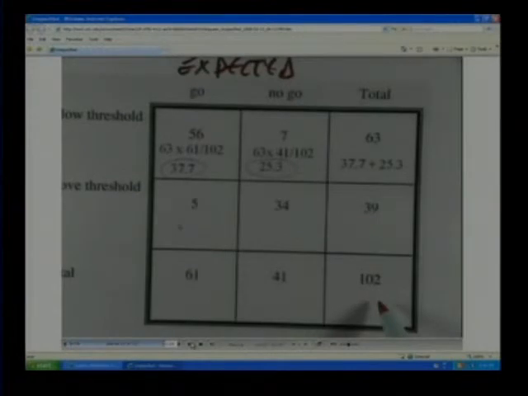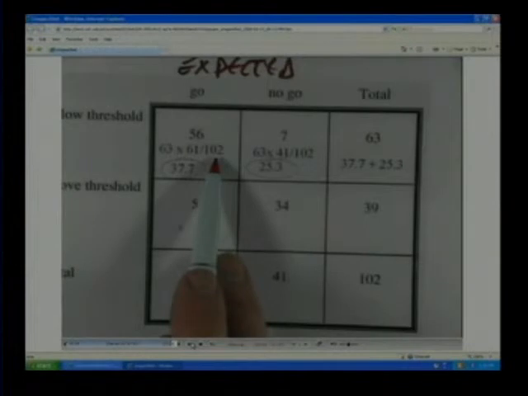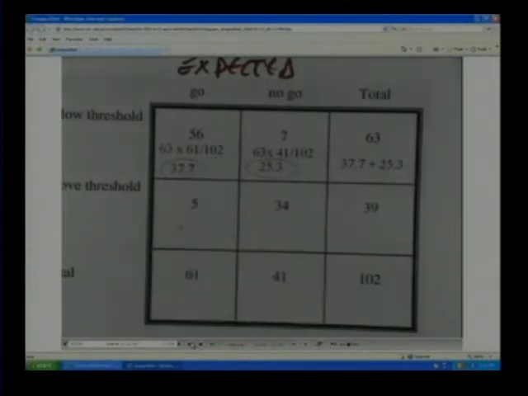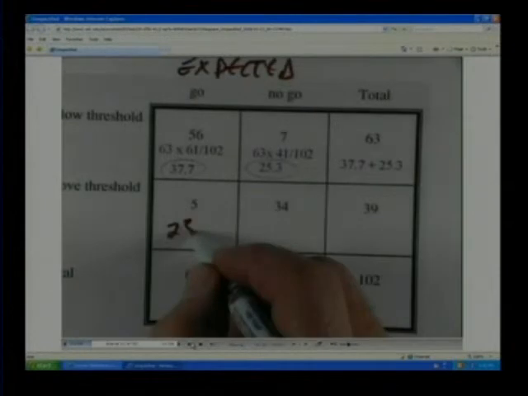So 63 times 61 divided by 102, and 63 times 41 divided by 102. I calculate that for each one of those, and I get 37.7 and 25.3. And then for this one, it's going to be 23.3, and 15.7.